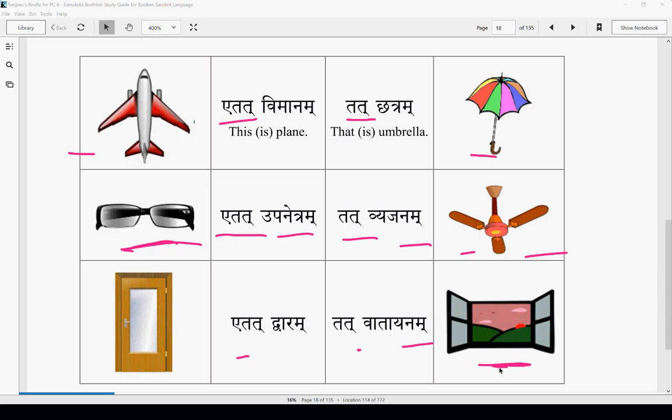So just note that wherever there is a word like Parvataha, which is a masculine word, for that we are using eshaha or saha, right?